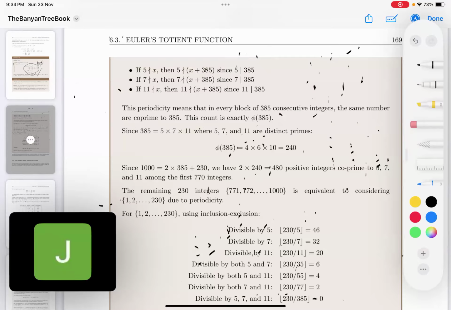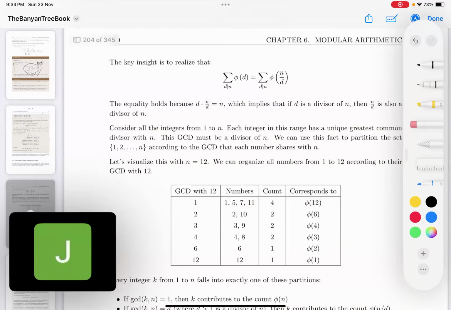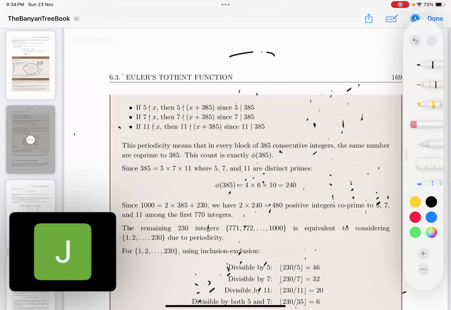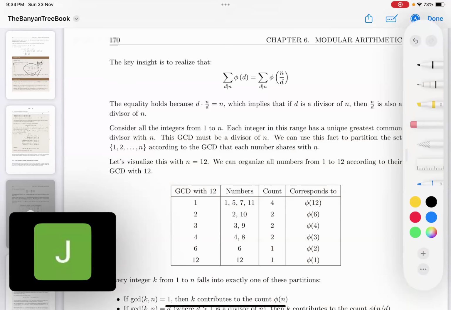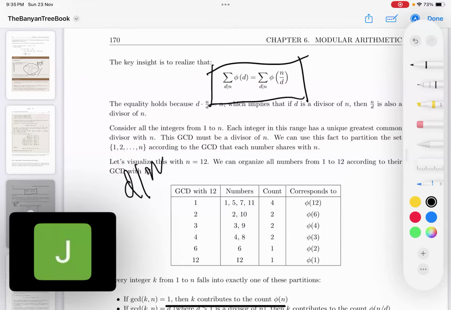So now we were discussing this other interesting property. Earlier we discussed that if D divides N, then N by D also divides N. Why?